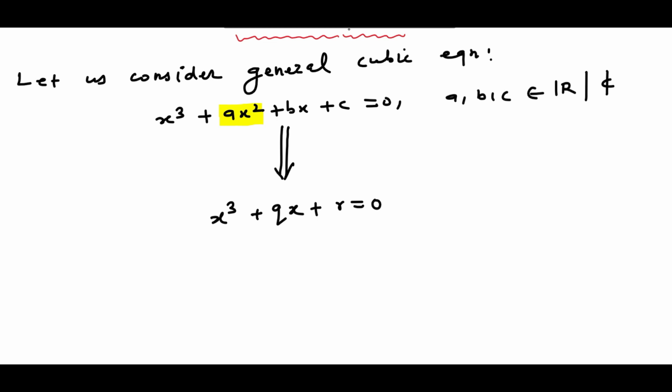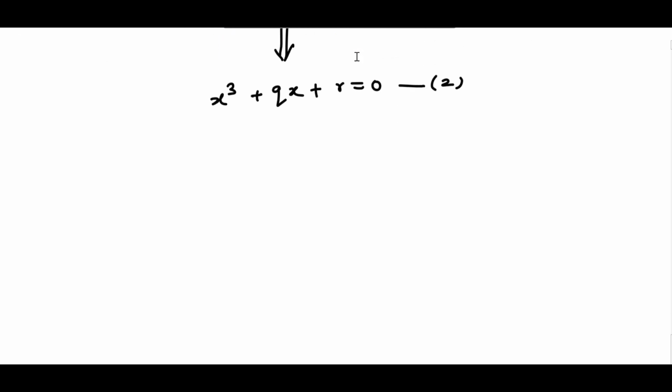So let us suppose this is our equation 1 and this is our equation number 2. Now further we need to substitute x is equal to y plus z in equation 2.